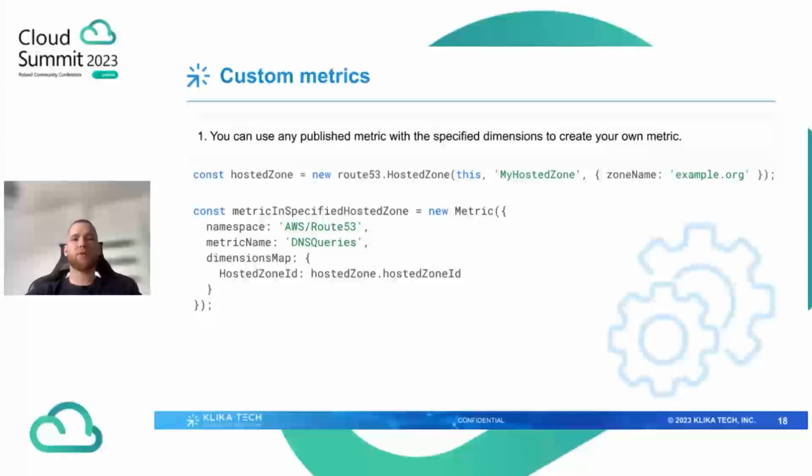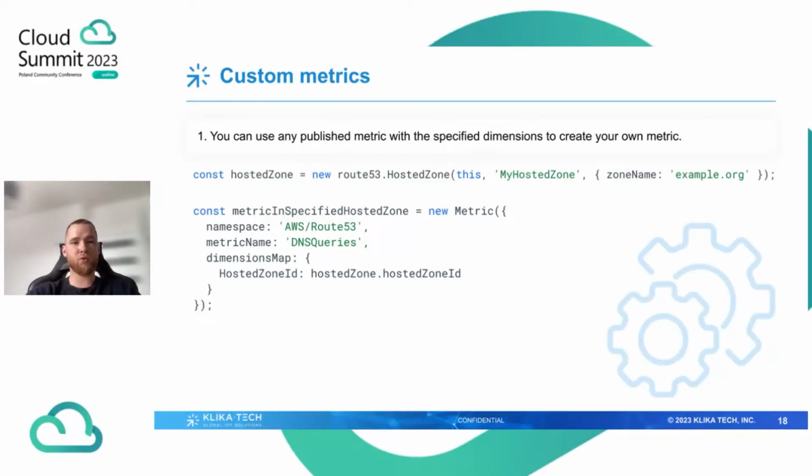There are several ways to create custom metrics. For example, you can use any published metric, basic or detailed metrics, with the specified dimensions to create your own metric. In this example, the metric name used for creating a new metric object is DNS queries, which is an existing metric published by AWS for the Route 53 service.